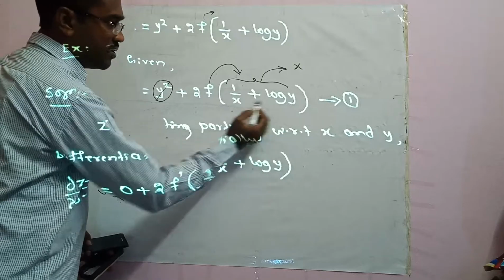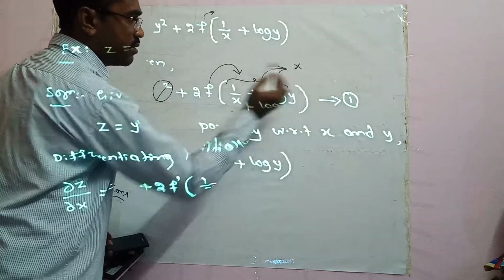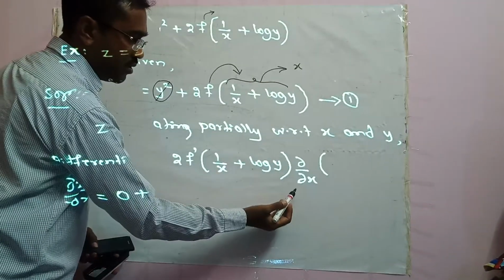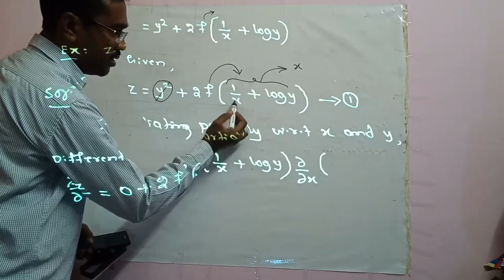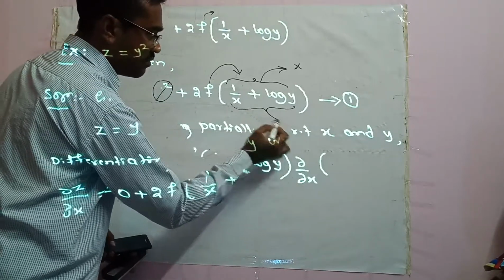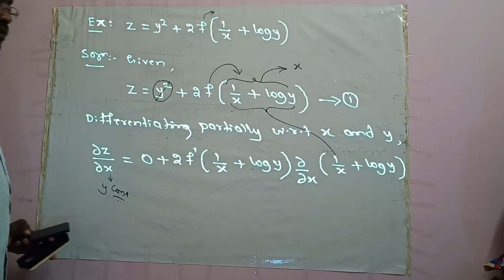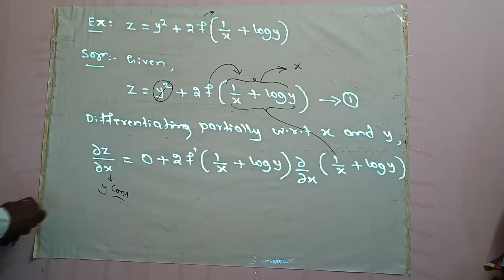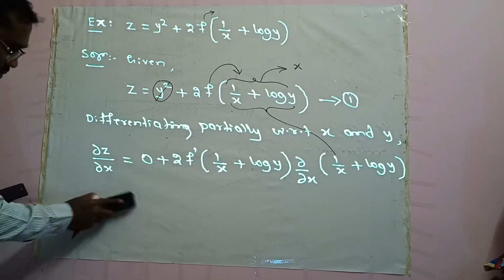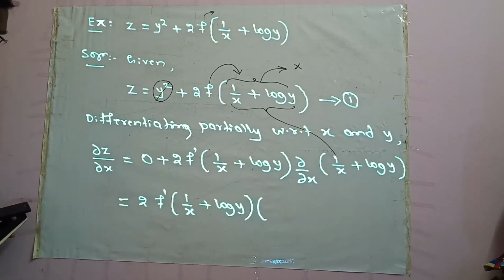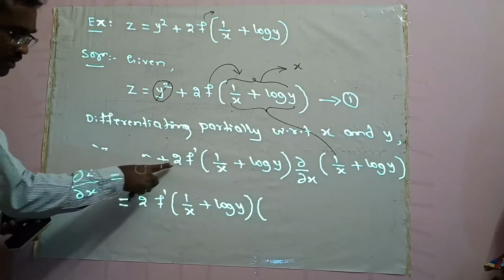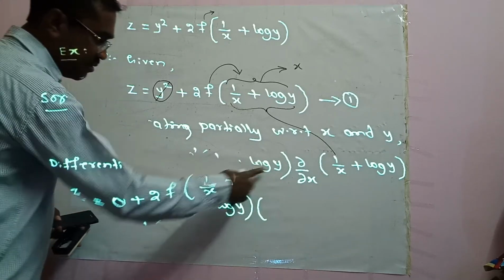Now if you differentiate this with respect to x, let us see what you get. Dou by dou x of this function. Now you can take this as a small p, and here 0 eliminate, 2 f dash of this.